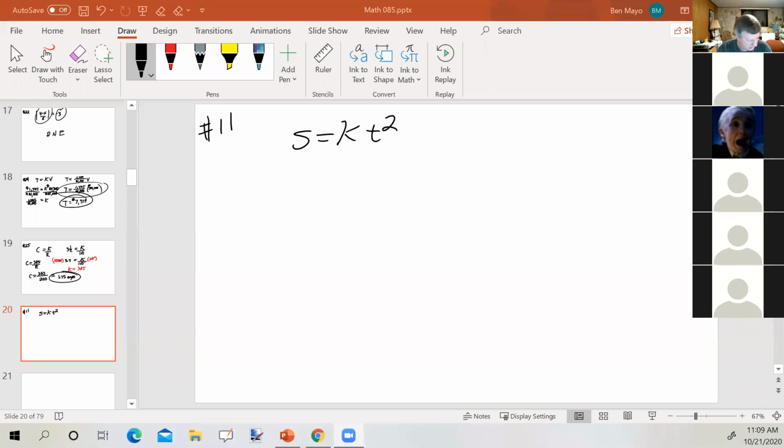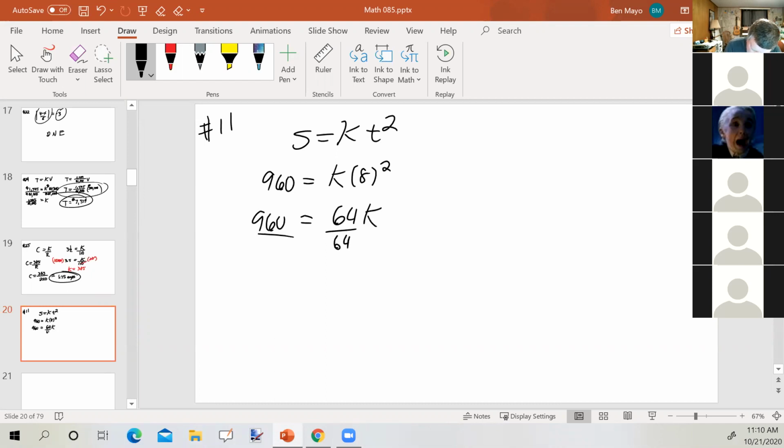It says if an object falls 960 feet, so that's S, in 8 seconds, so T is 8, then we get 960 equals 8 squared, 64K. Divide both sides by 64, and we get 960 divided by 64, which is 15.